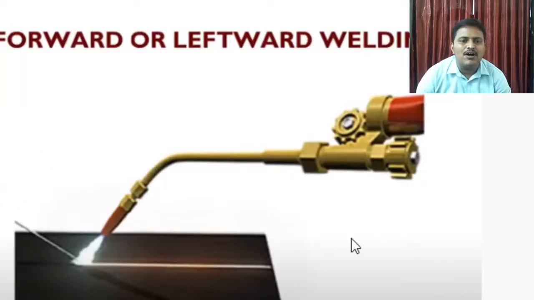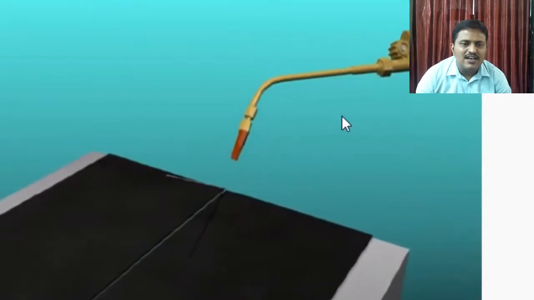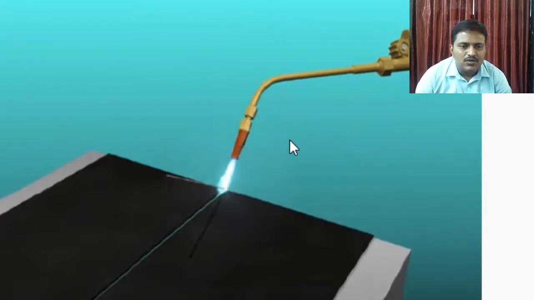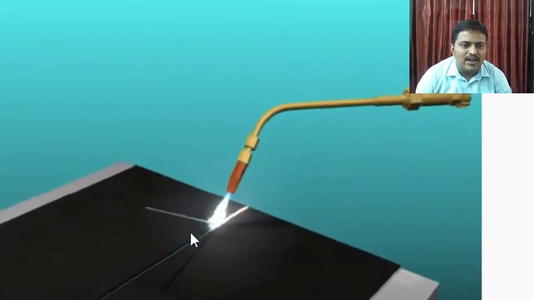So there are different types of welding process: left hand welding and right hand welding. This is forehand welding, you can see. This is a filler rod here, and this is the welding torch. The flame is ignited and it is called the forehand welding process.